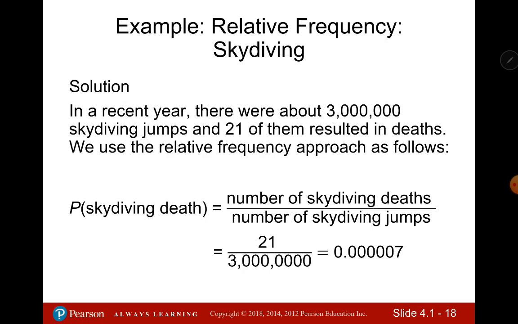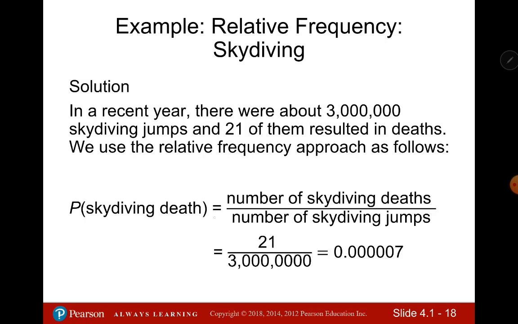We have a report, and in this report we know about 3 million jumps and 21 of them resulted in death. Then we should use the relative frequency method to find the probability.